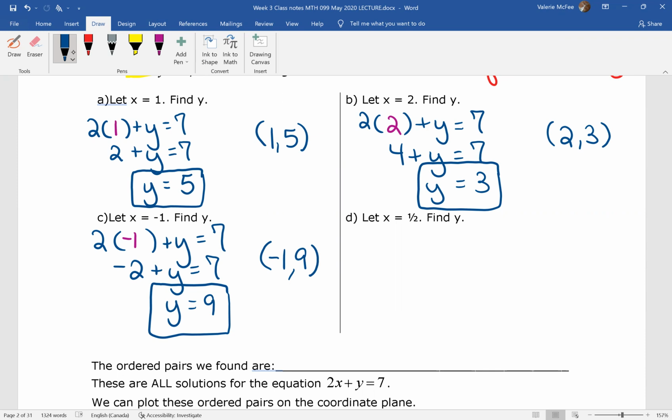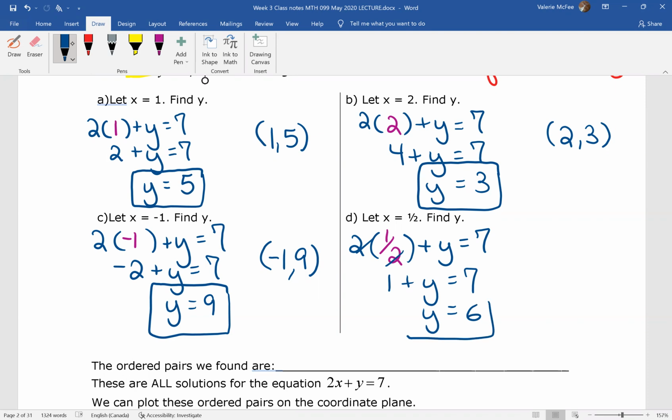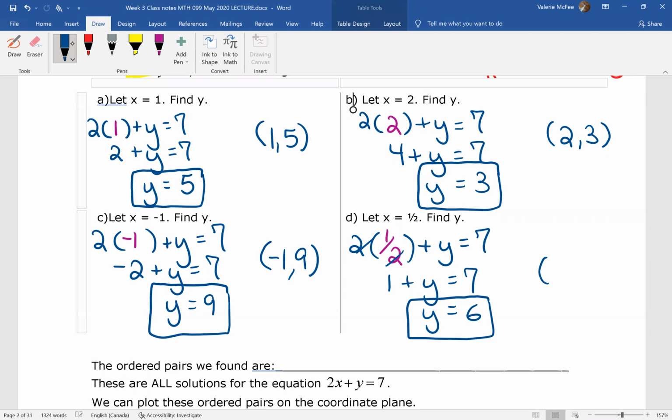Pause your video and find the missing coordinate for D. Did you find y equals 6? And your ordered pair, when x is 1/2, y is 6.